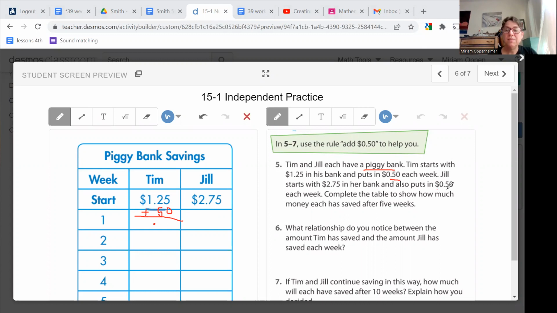And the same thing for Jill is also going to be 50 cents each time. And then what's the answer, right? Okay, so then keep doing this, and then they're asking you questions. How much has Tim saved? How much has Jill saved? Right here, she has more than twice as much as he does. But when you get to here, how's the difference?